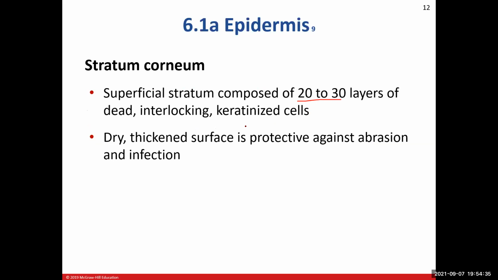Because of these characteristics, this cell layer is going to have a dry appearance, which is good, because a dry disposition makes it harder for certain microbes to thrive. Fungus likes a moist environment, but a dry, thick area makes it tough for infection to occur, and it helps with abrasive forces acting upon it.